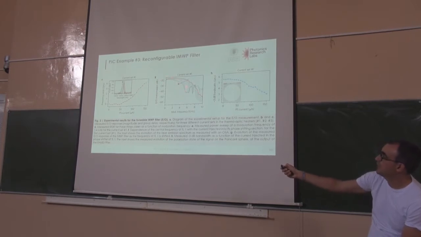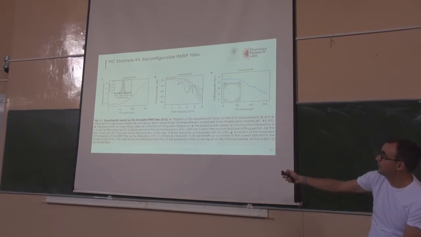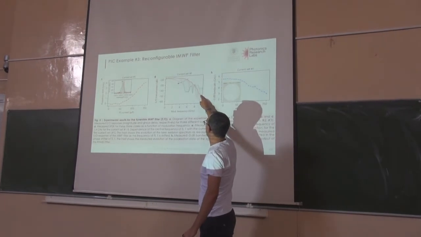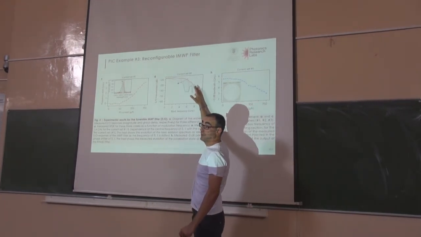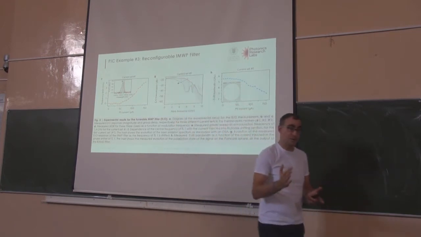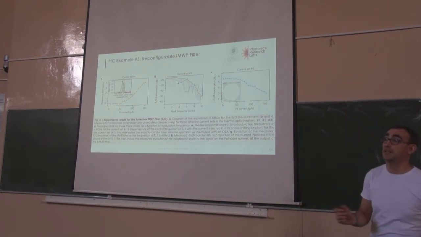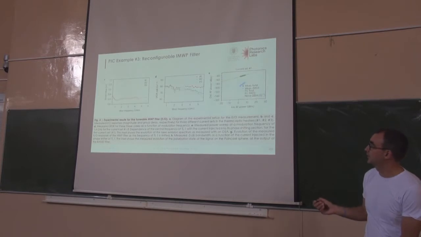It changes not in a nice manner because there are imperfections there that I will describe later. Ideally, one would like that if this is the starting point, the red curve, that the red curve without changing the shape moves left and right. This didn't happen in the experiment. Ideally this should happen, but in the experiment we didn't find that, and we know why, and I'll tell you later.